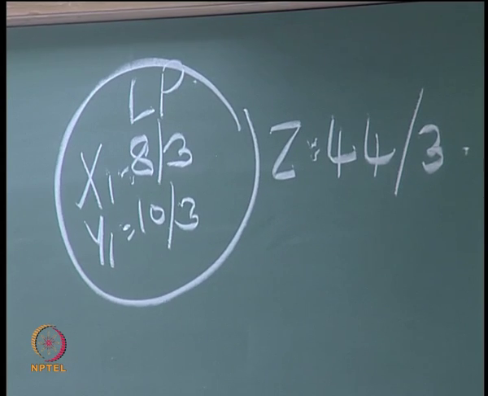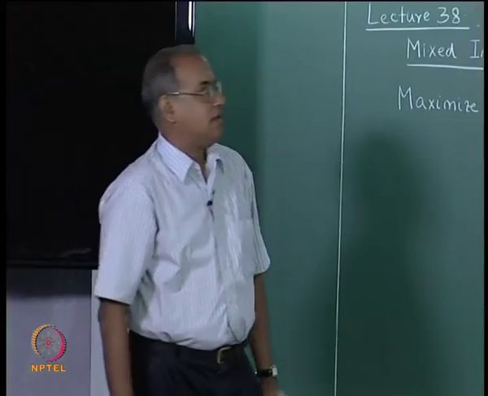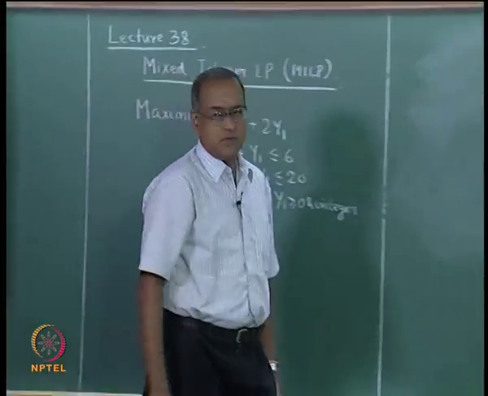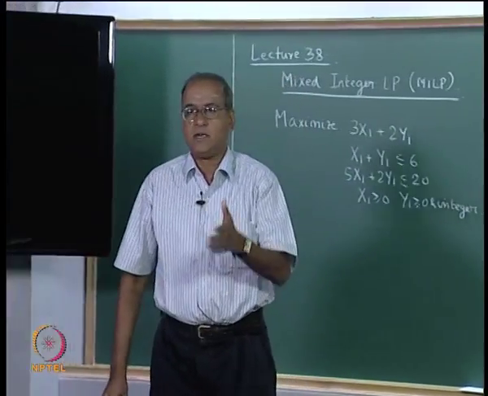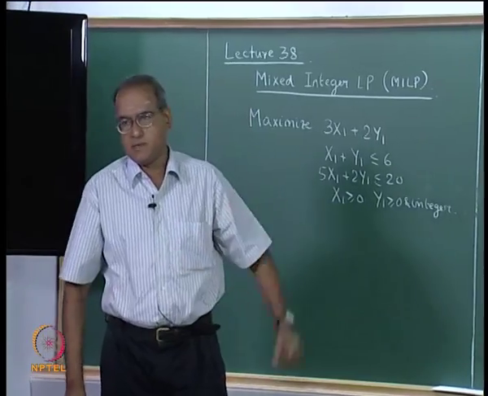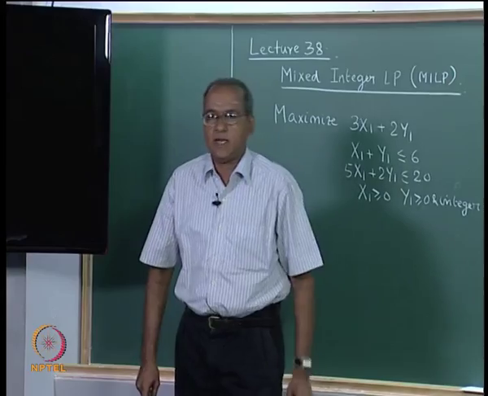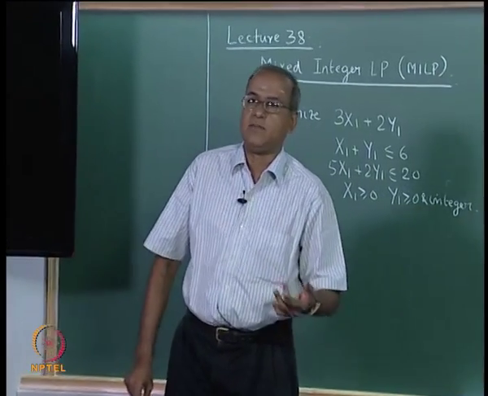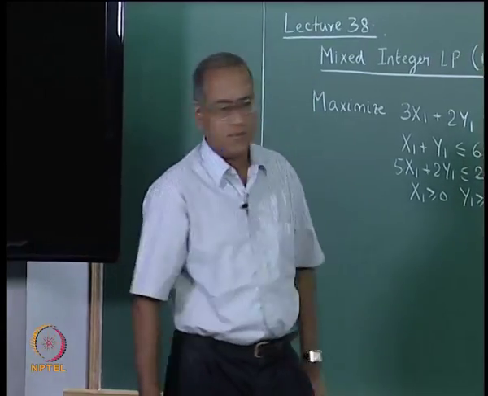Now, as we do in the all integer branch and bound algorithm, we take that variable which should have an integer value but right now has a non integer value, which is y1, the only such variable in this example, and y1 is 10 by 3. So, we take the lower integer value of 10 by 3 and the upper integer value to get 3 and 4.